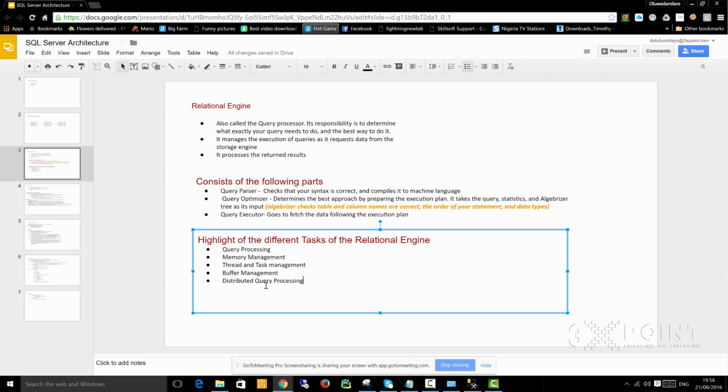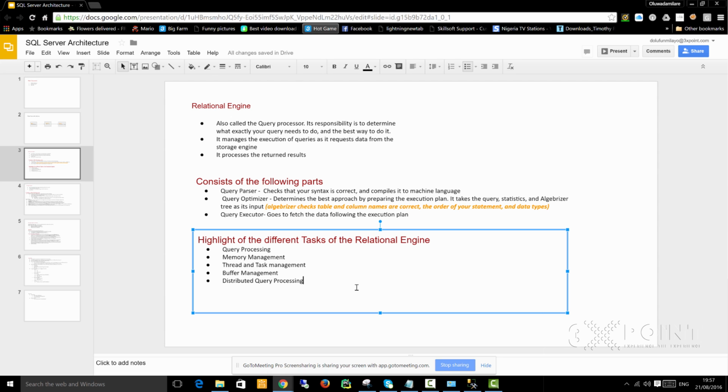And finally, we have the distributed query processing. And what do we mean by this? It is now very possible for you to have an instance of SQL Server, let's say in America, for example, you have another instance in Europe, you have another one in Africa, and you can do a distributed processing across these three environments, such that you can have a stored procedure that will return data back to you, and all the data was retrieved from all the different tables sitting on all of these different environments across the world.